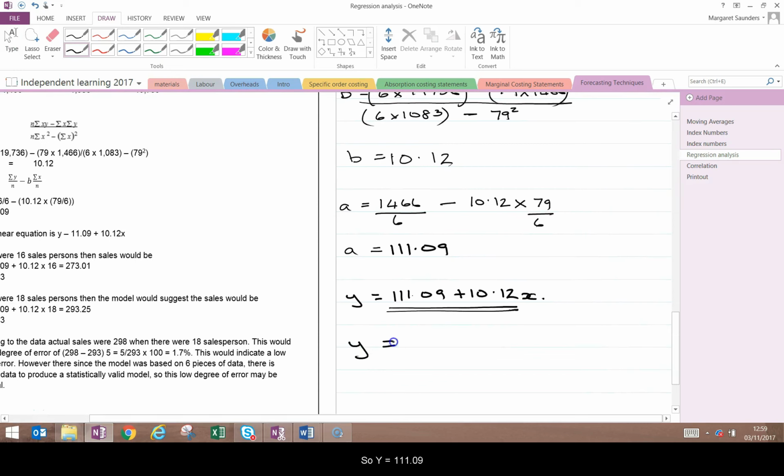So Y is equal to 111.09 plus 10.12 times 16. And that equals, to the nearest whole number, 273. So we can forecast that our sales will be 273 units if we have 16 salespersons.